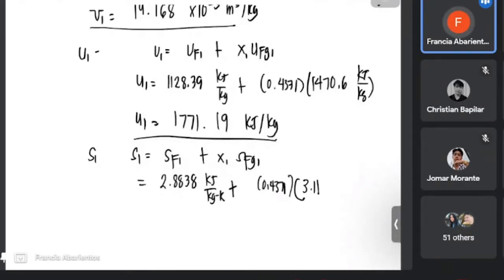Entropy natin 3.1181 Kelvin. So we have now the entropy at point 1. 4 decimal tayo, strictly 4 decimal sa entropy.